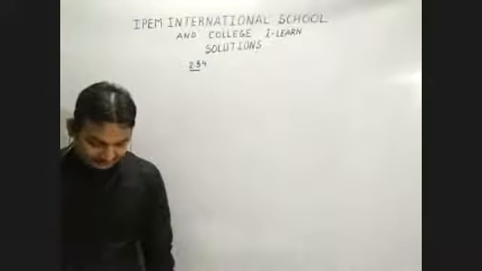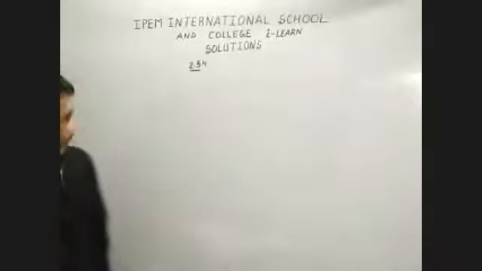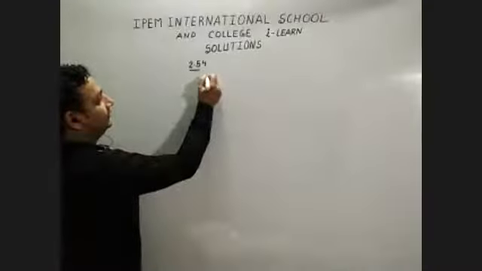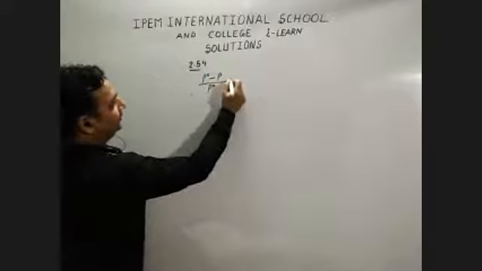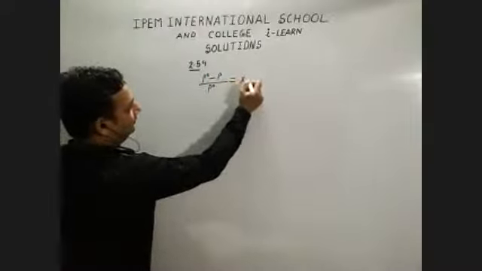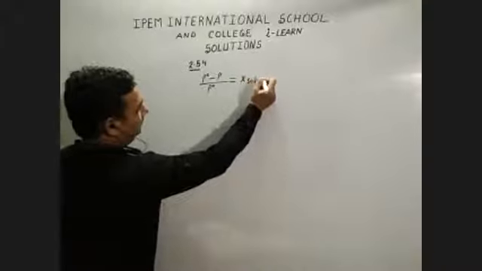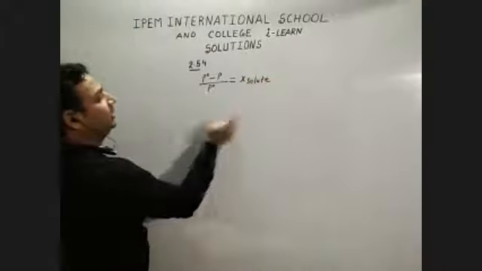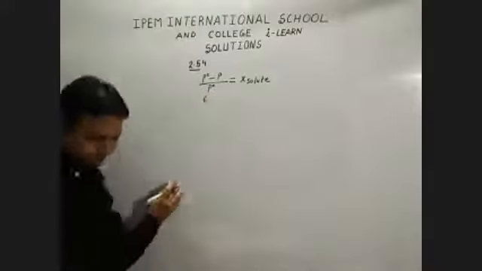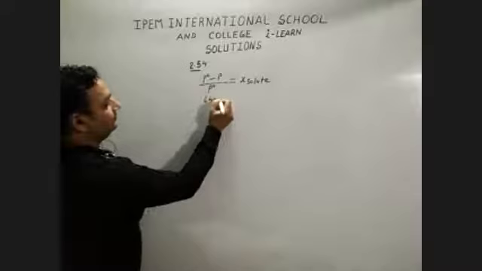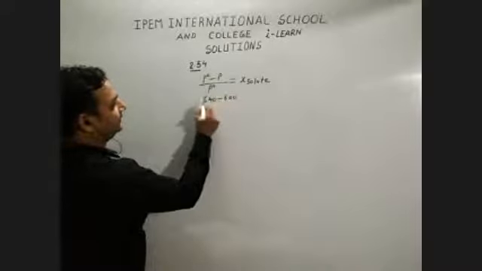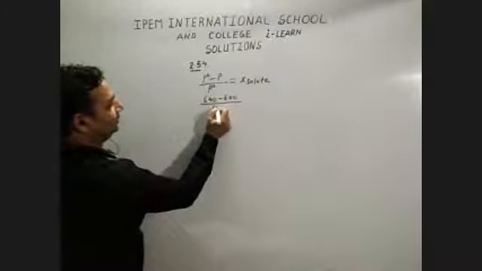Why? Because they have given both P naught and P. That will be simply directly P naught minus P upon P naught. P naught, I think they have given 640, minus 600, upon 640.